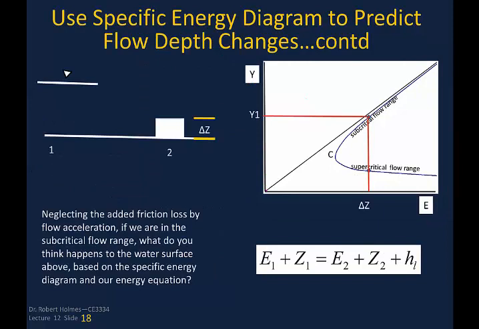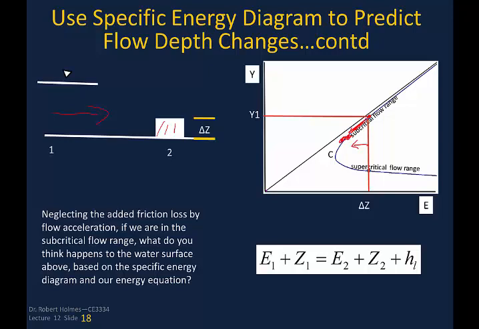And so as you look, you've got this little bump here in the channel. As the water moves downstream, it's going to consume energy faster than it would. If we're in the subcritical range and I'm consuming energy, that means I've got to move down this specific energy diagram.